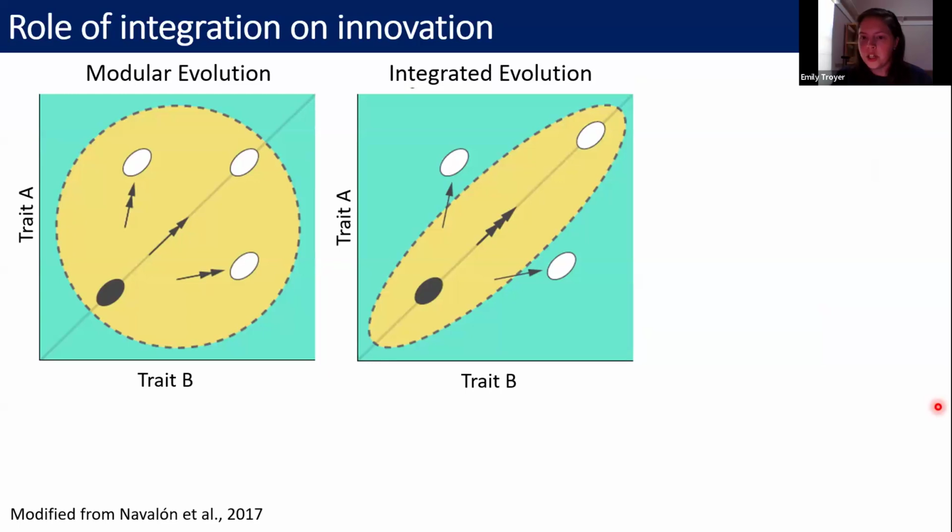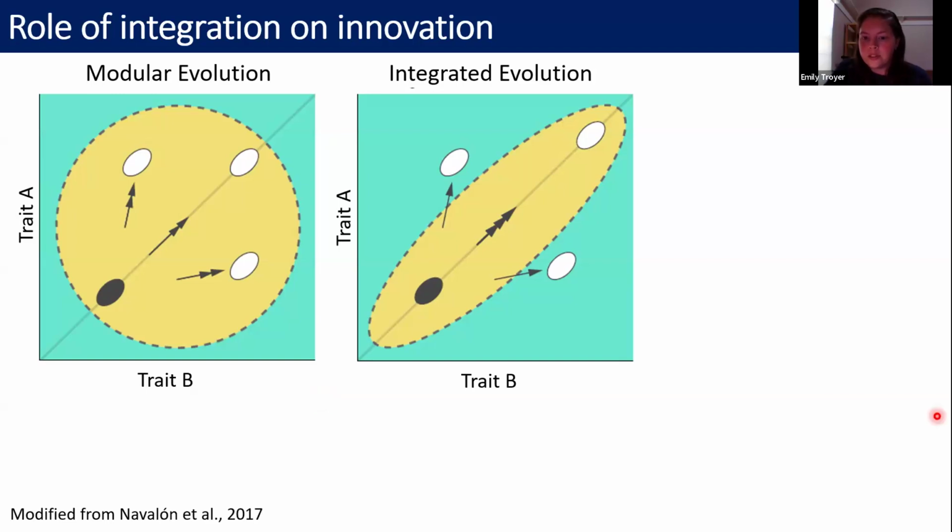The role of integration in innovation is still a bit unclear. Typically, integration is thought to act as a constraint on phenotypic diversification. If we have two traits, say trait A and trait B, that are highly covariant with each other, there's not a lot of wiggle room for them to expand into different areas of a morphospace compared to something that has more modular evolution.